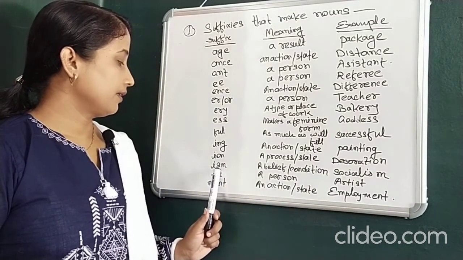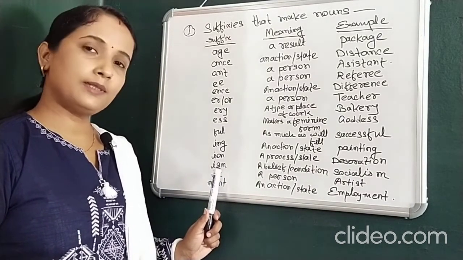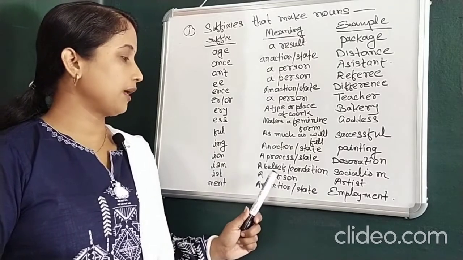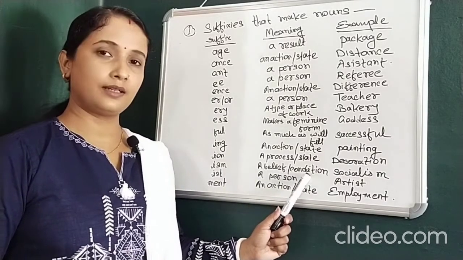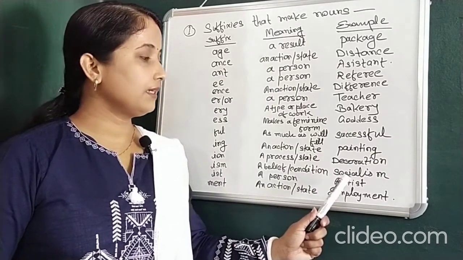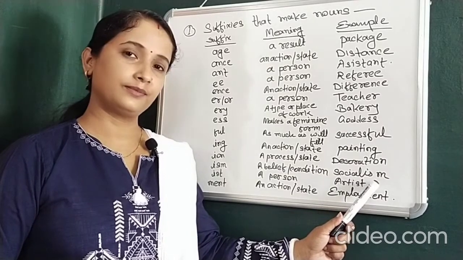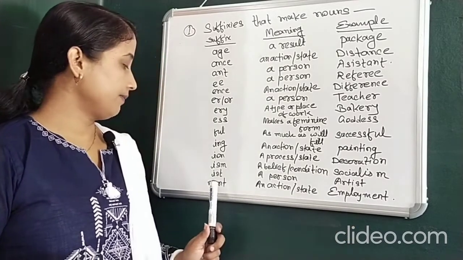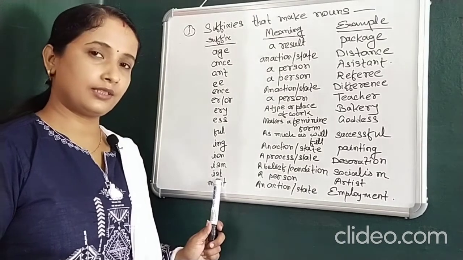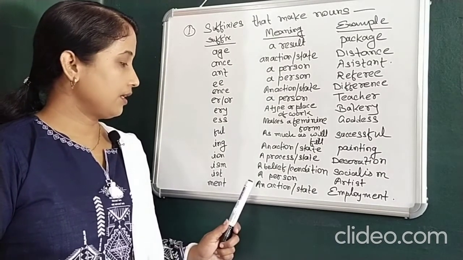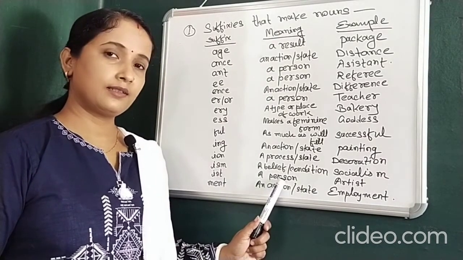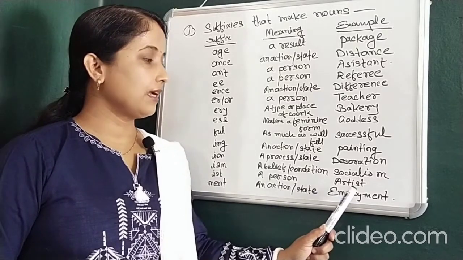Ism is the suffix here. It refers to a belief or condition. An example is socialism. Next suffix is ist. It refers to a person. An example is artist.